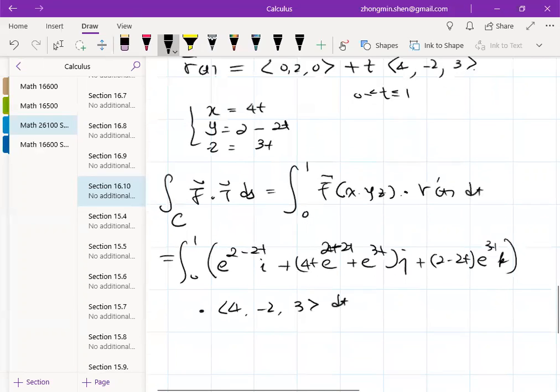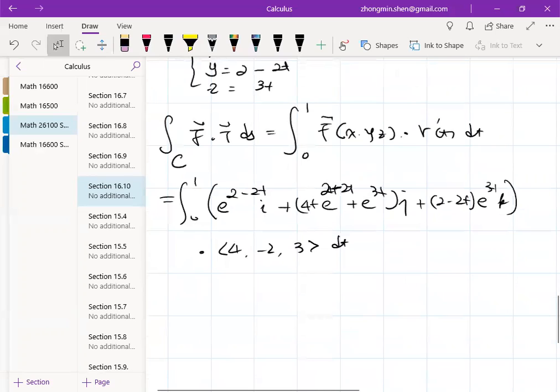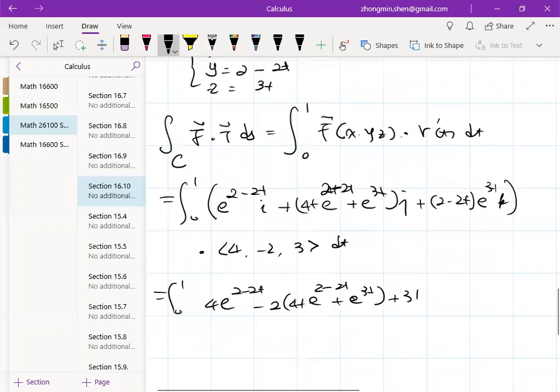And then you multiply this out, okay? 4i, negative 2. So the answer will be 4e to the 2 minus 2t, minus 2, plus 3.